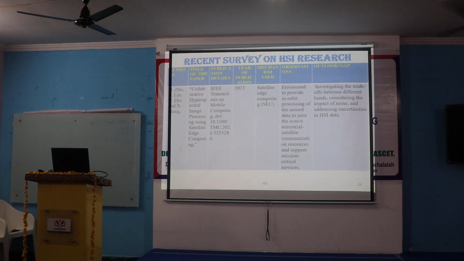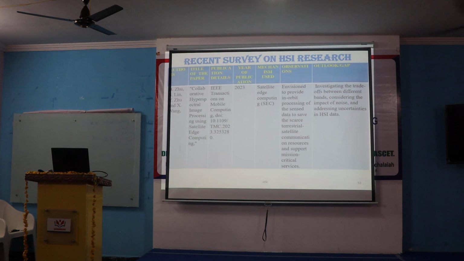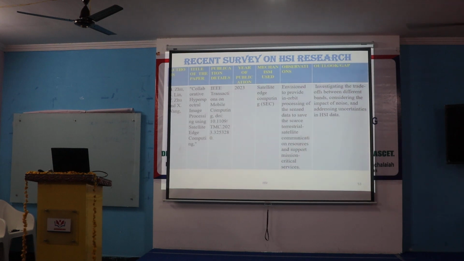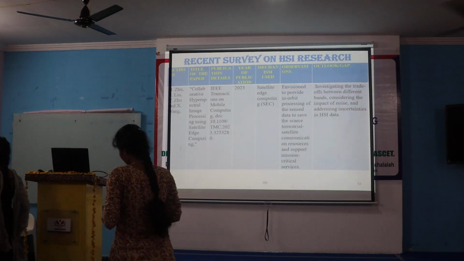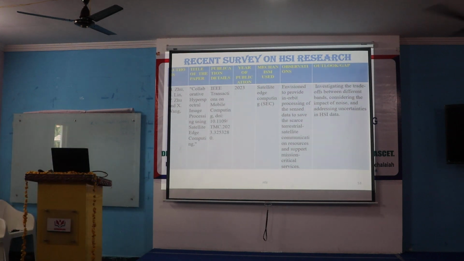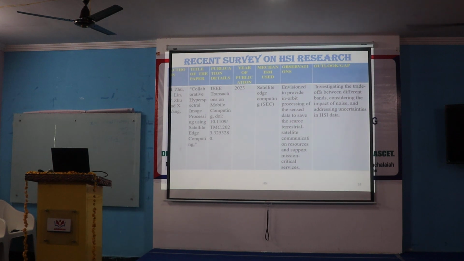After that, authors Zhu, Ling and Wang proposed a document with the title Collaborative Hyperspectral Image Processing using Satellite Edge Computing. This research is related to atmospheric observations. They conducted some atmospheric observations, and their observations led them to envision providing on-orbit processing of sensed data to save the scale of terrestrial satellite communication resources and support mission critical services.